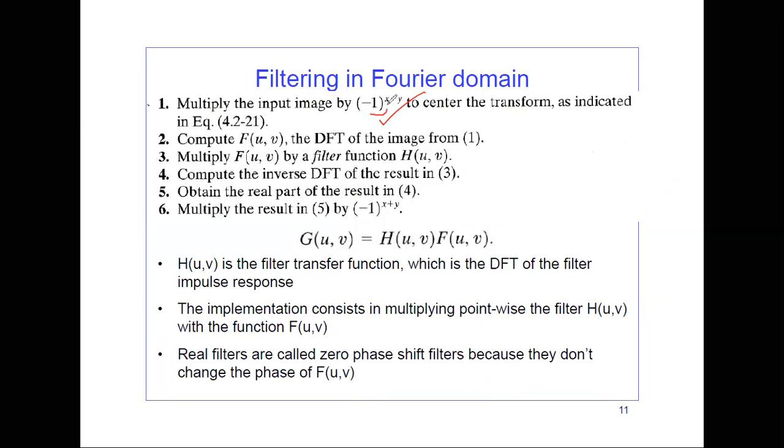Why do we need to do this multiplication? What the author is telling is, if you want to filter an image using the frequency domain, H(u,v) is the DFT of the mask in the frequency domain, and F(u,v) is the DFT of the input image. The image shall be pre-processed such that we multiply it by (-1)^(x+y).